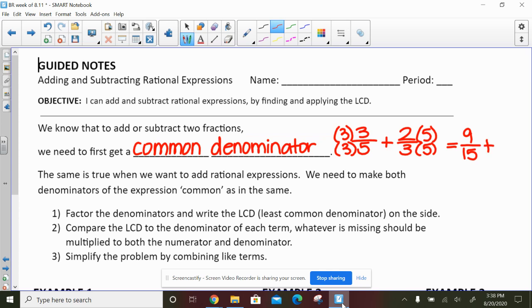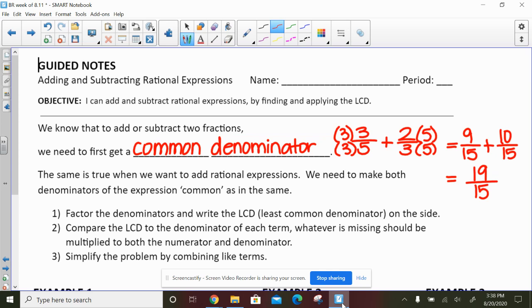And then 2 times 5 is 10 over 15. And now once I have my common denominators, I can add the top and keep the bottom. So 9 plus 10 is 19, and then you keep 15 on bottom.